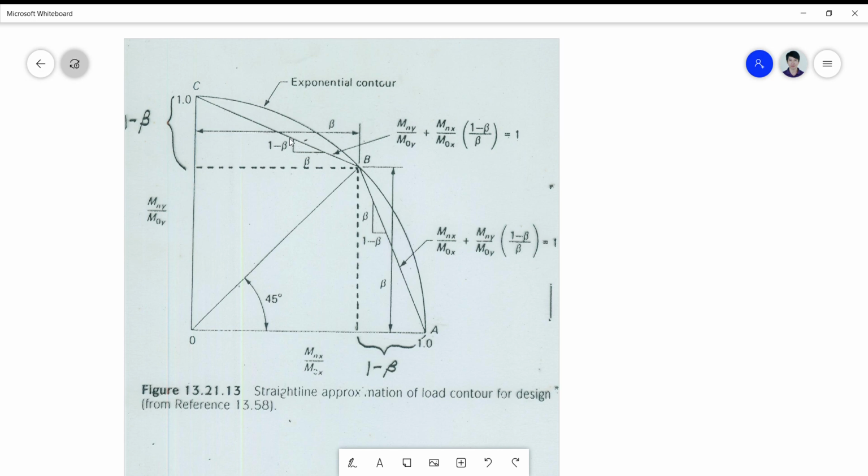So if it falls here, this is the Mny over Moy value. This one here is simply your intercept depth because it intersects that point. So this is the equation. The only difference, look class, is that the positions of these two are just reversed.